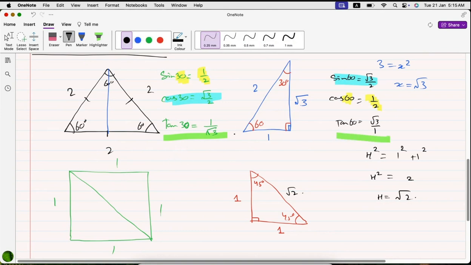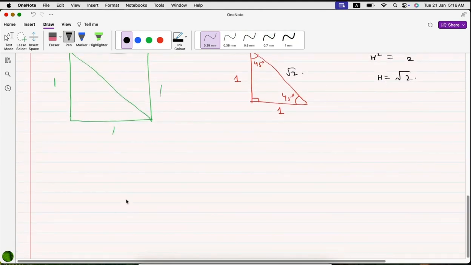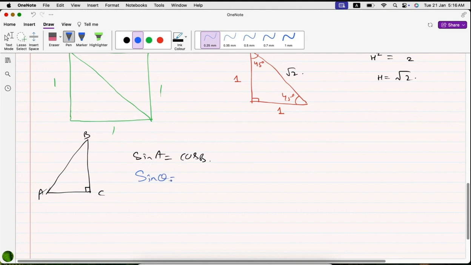So indirectly, if I just label them as A, B, and C, whatever is sine of A is equal to cos of B. So I can devise an identity: sine A is equal to cos B. Making it more generic, sine theta is equal to cos of 90 minus theta.